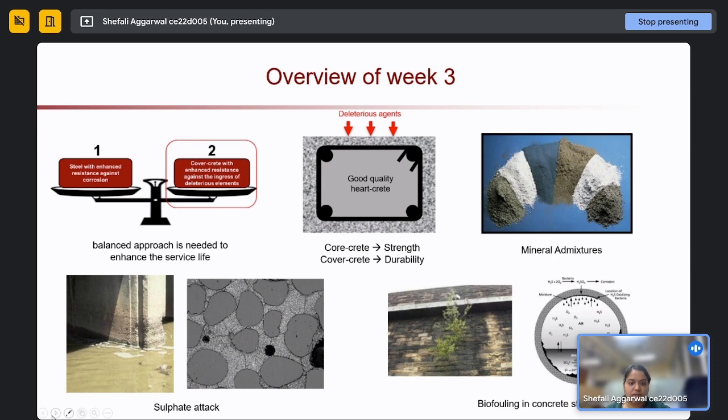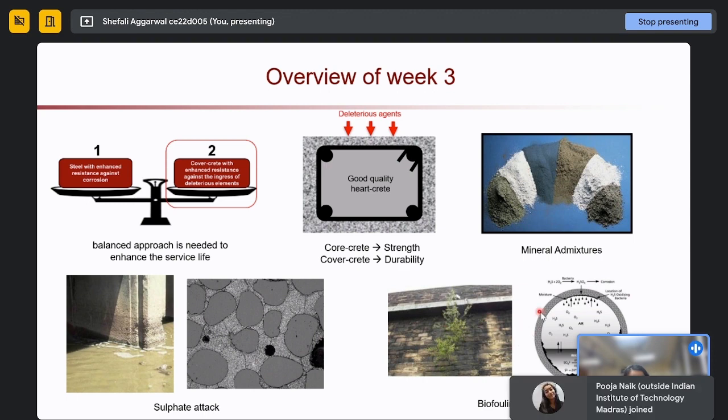Next, you might have studied biofouling. Biofouling is mainly due to microorganism or algae attack on the concrete surface, or in pipes because of the presence of acids. This is biofouling.